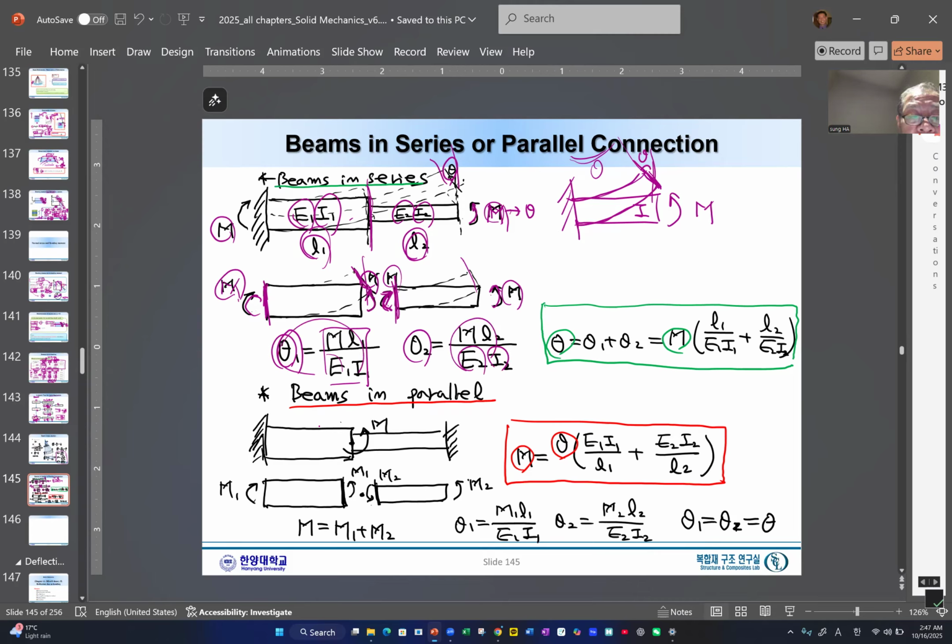This is the equation for the left beam, left hand side, and this is the right hand side.